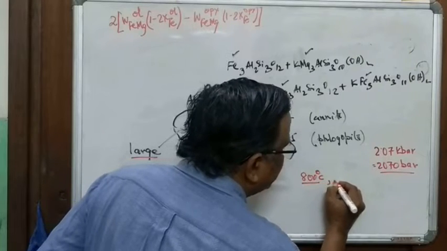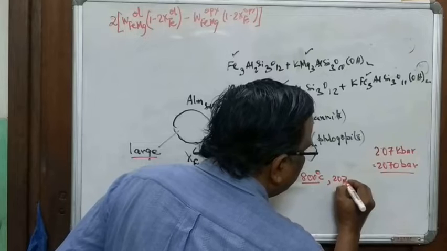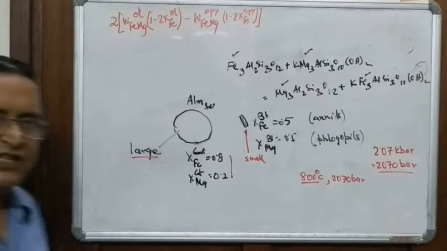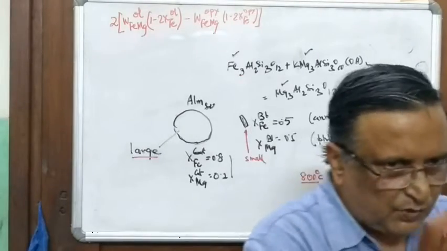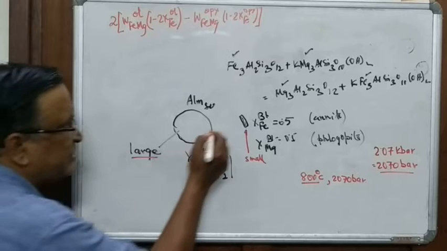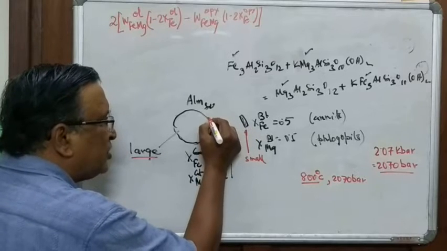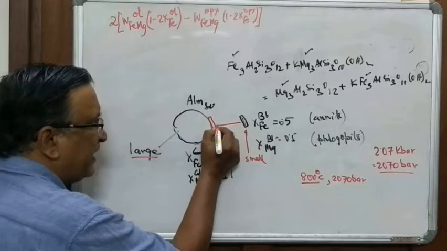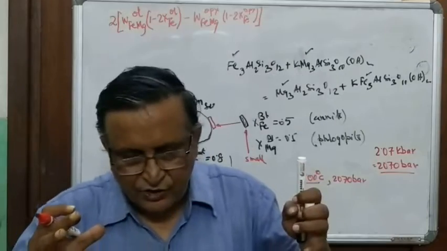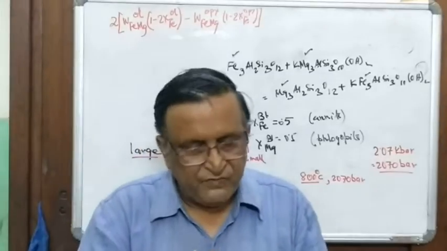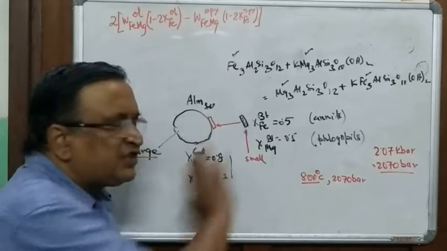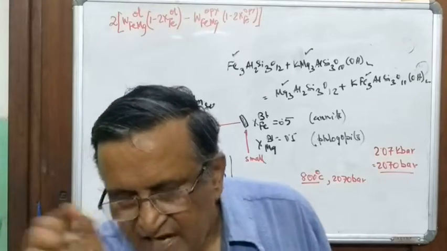So 800 degrees centigrade and P was 2070 bar. This was the PT condition of, say, one of their experiments. And what they did was bring this biotite in contact with the garnet, and the garnet is very large and the biotite is very small. So what happens when you heat it: the iron-magnesium exchanges between biotite and garnet.